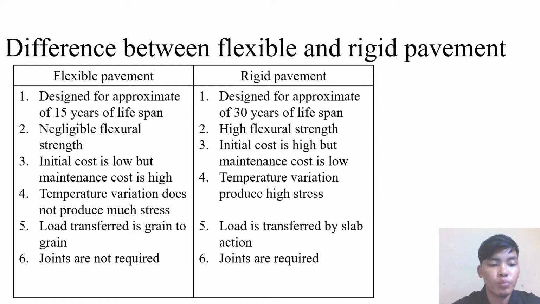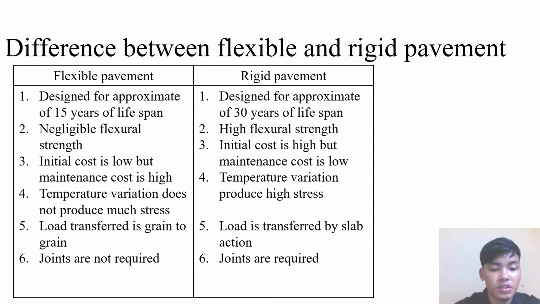Initial cost is low but maintenance cost is high for flexible pavement, whereas initial cost is high but maintenance cost is low for rigid pavement. Temperature variation does not produce much stress in flexible pavement, but in rigid pavement, temperature variation produces high stress.